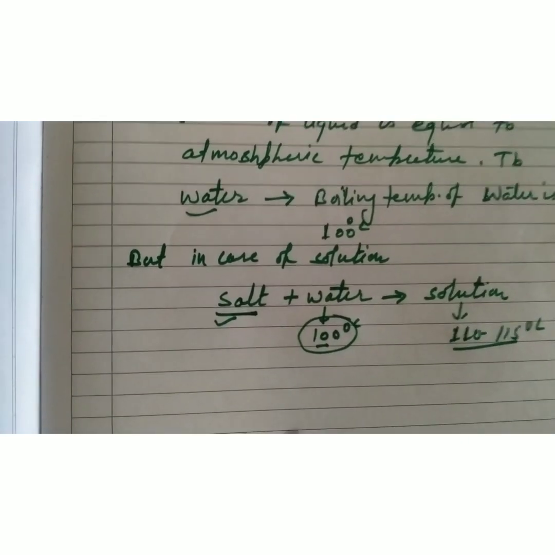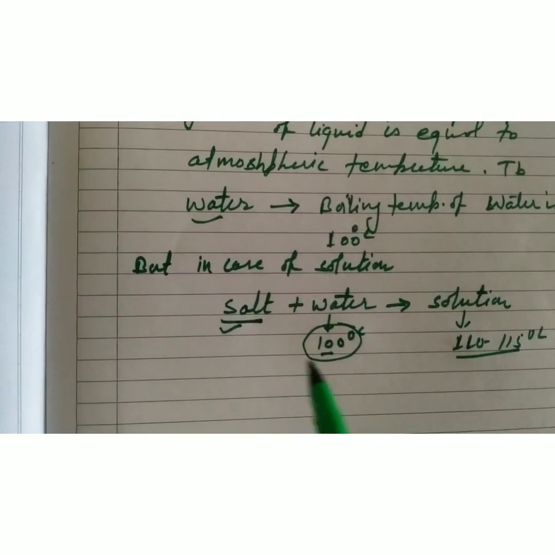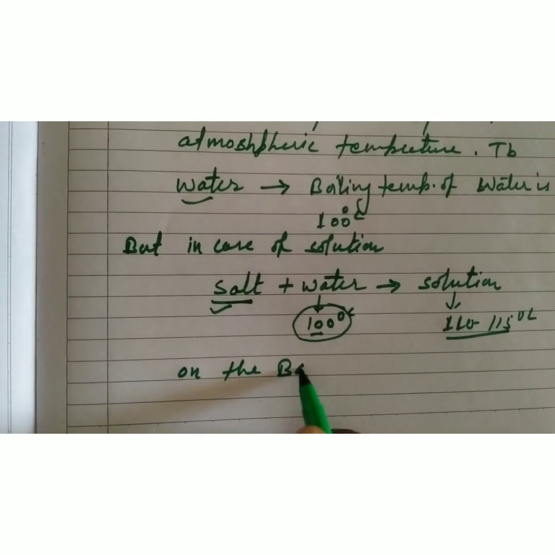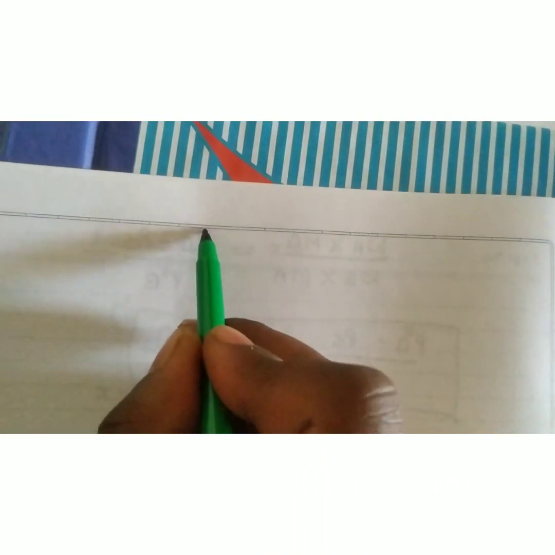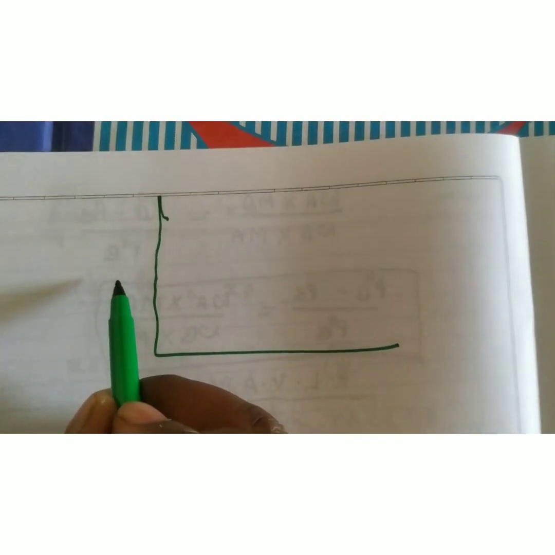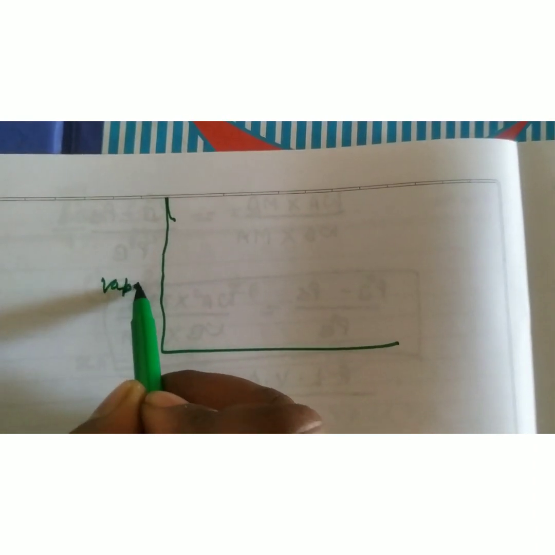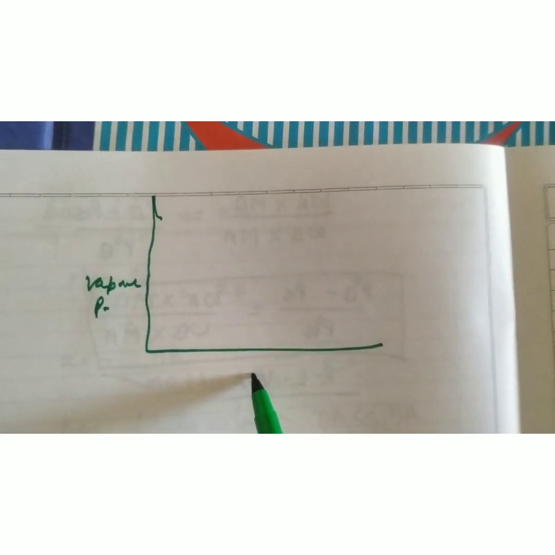Clear? So we will discuss elevation of boiling point on the basis of a graph. Suppose this is the graph. Clear? Suppose this is the vapor pressure, and this is the temperature.